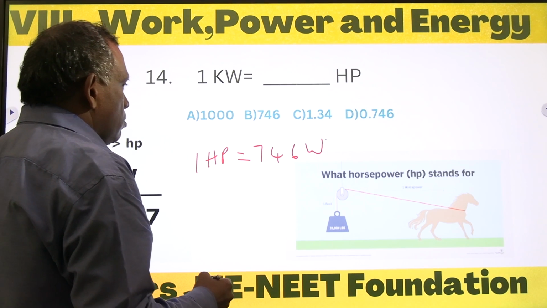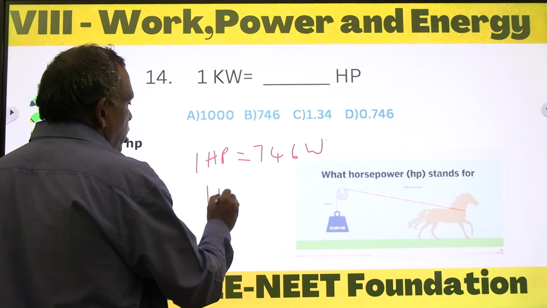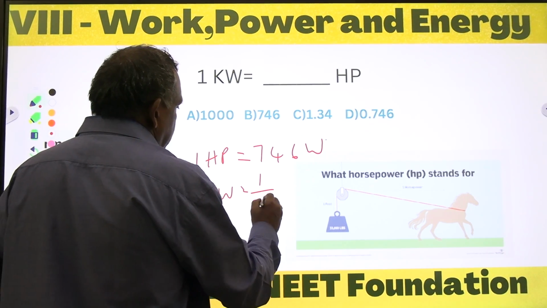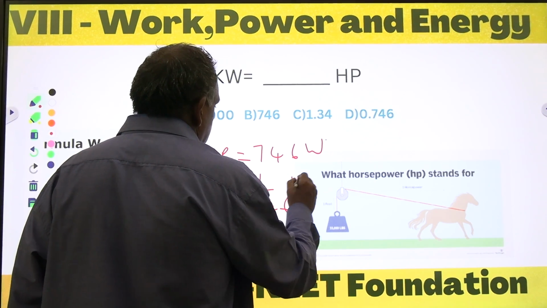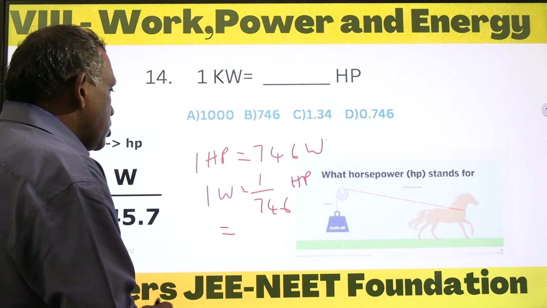So 1 watt is equal to 1 by 746 horsepower. So I want 1000 watts.